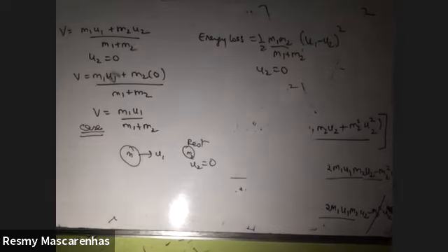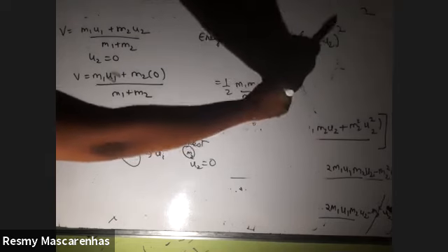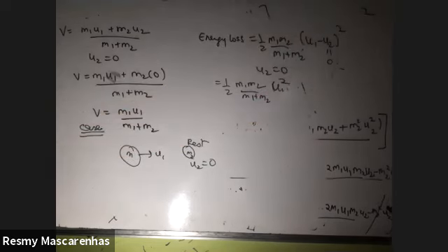So put u2 equals to 0 in this case also. The energy loss will be half m1 m2 just u1 square, because this part will be 0. u2 will be 0, so it's gone. So this will be the energy loss formula for this case where the second body is at rest.